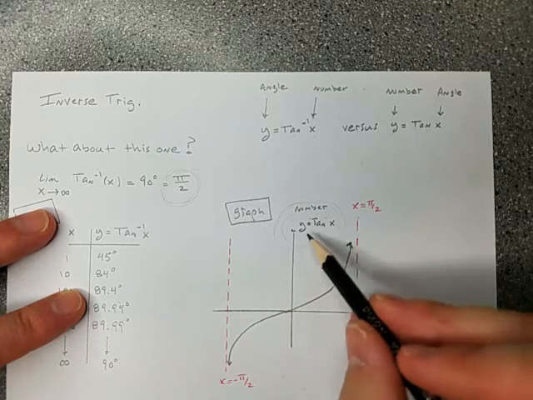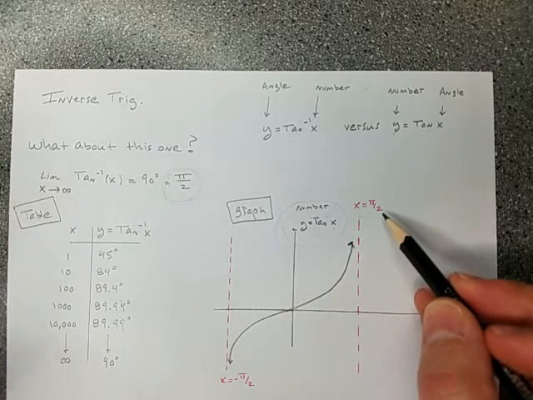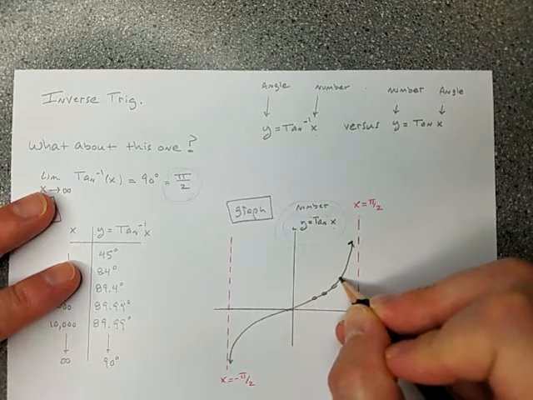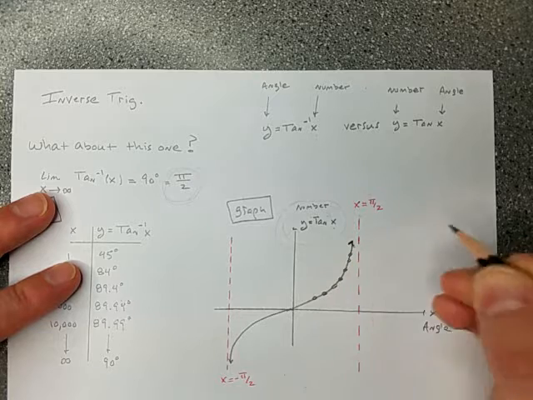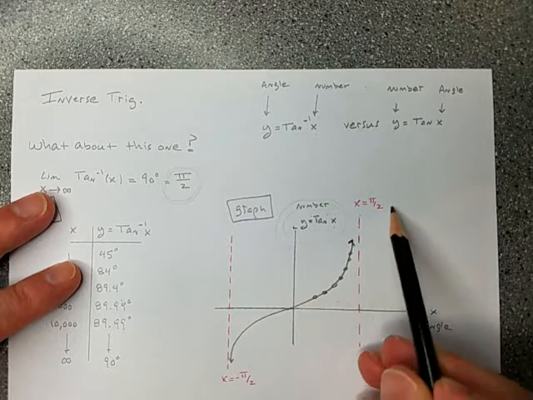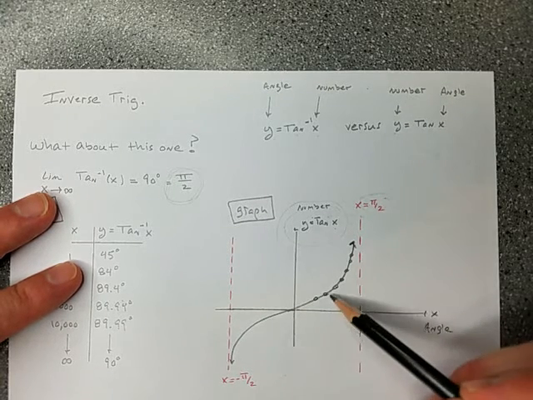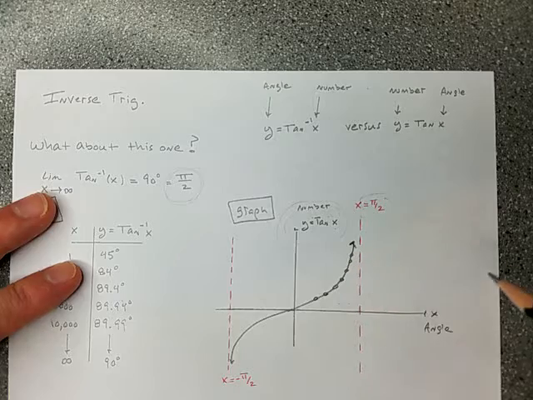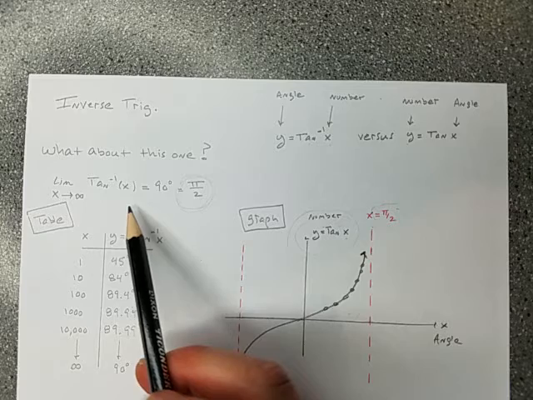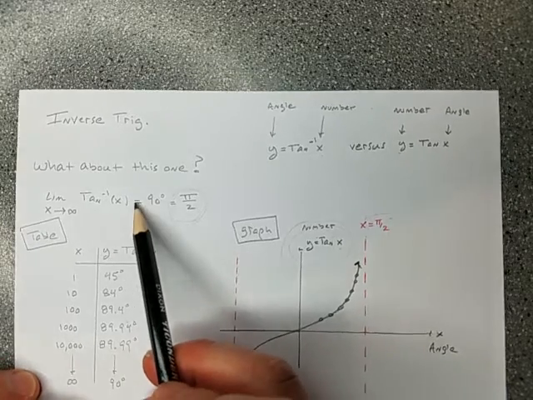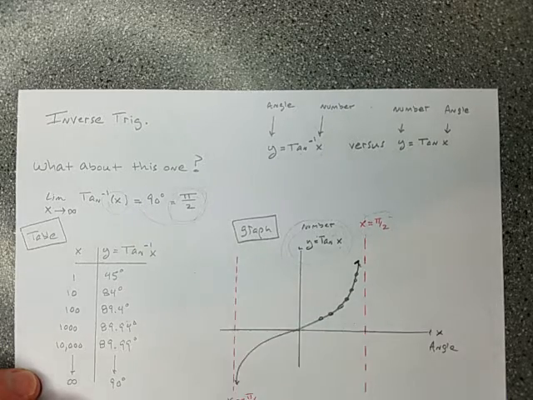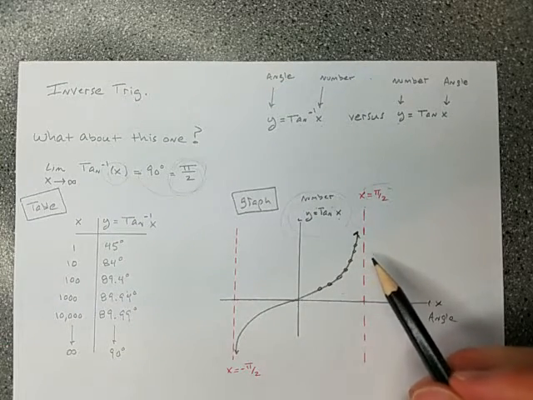Now, the tangent curve has a vertical asymptote at pi over 2. What happens if you follow the points like this on the curve? Then as the angle gets closer to pi over 2 or 90 degrees, the number goes to infinity. Don't you see that that's the basis for this? Okay, so as the number goes to infinity, the angle goes to pi over 2 or 90 degrees. We can see that on the curve.